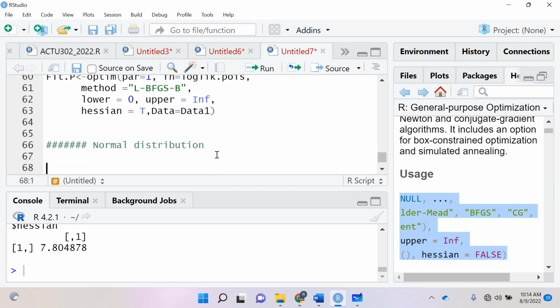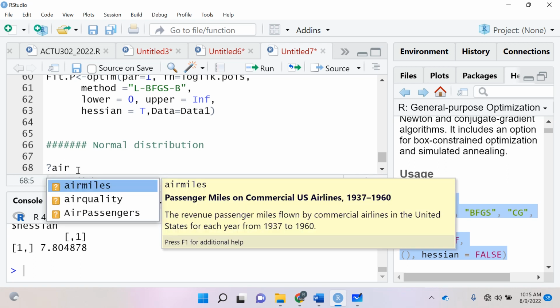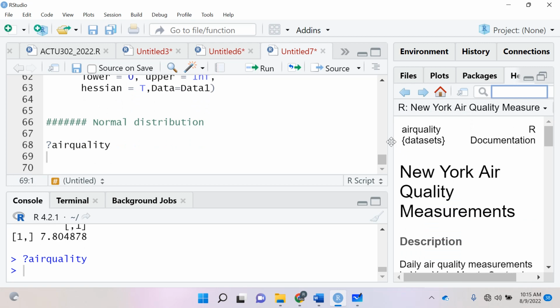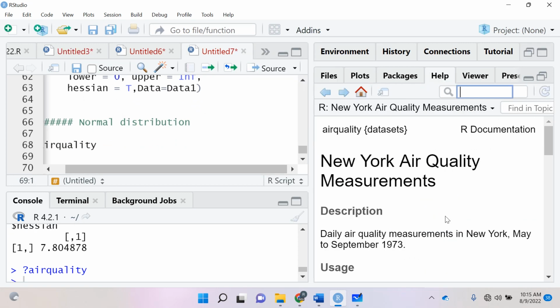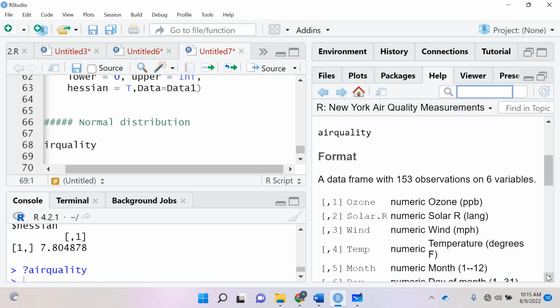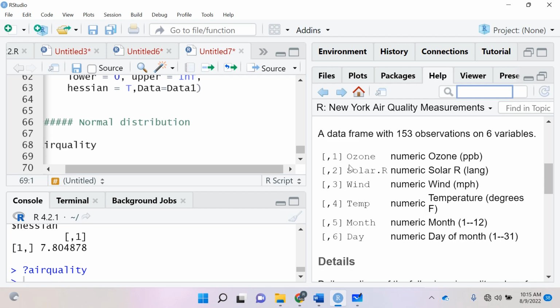Remember, if I have any data and I want to fit a normal distribution to it, I can. So let's look at the air quality data. It talks about the air quality of ozone, and so on.